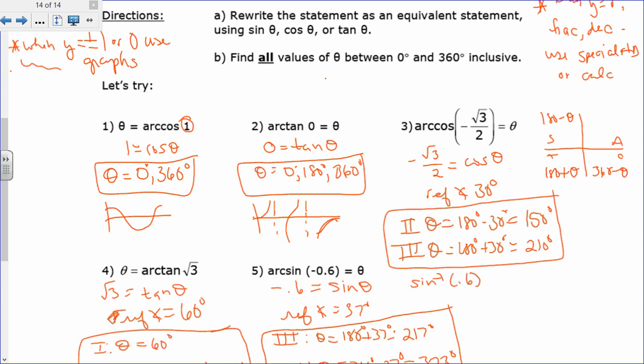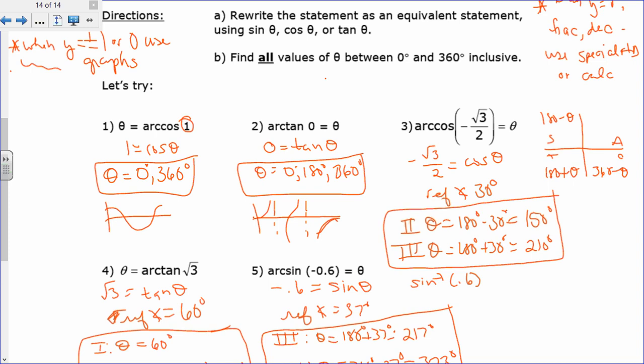For number 3, I have the arc cosine of negative radical 3 over 2 is equal to theta. So when I rewrite that, I have negative radical 3 over 2 equals cosine theta. I have to find a reference angle here, because if I don't, I can't answer all my questions. Cosine is negative in quadrants 2 and 3, so I have to find the angles in quadrants 2 and 3. In quadrant 2, I would do 180 minus theta.